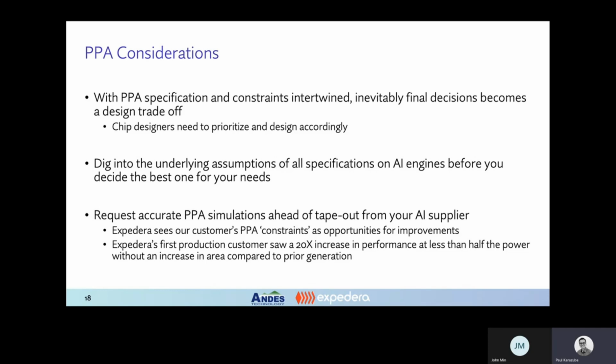And that was because they came to us with what they saw as constraints where they had a specific area. We saw that as an opportunity to maximize the amount of performance and balancing the power that they saw in that. So again, make sure you get simulations from your AI supplier before you make a decision.